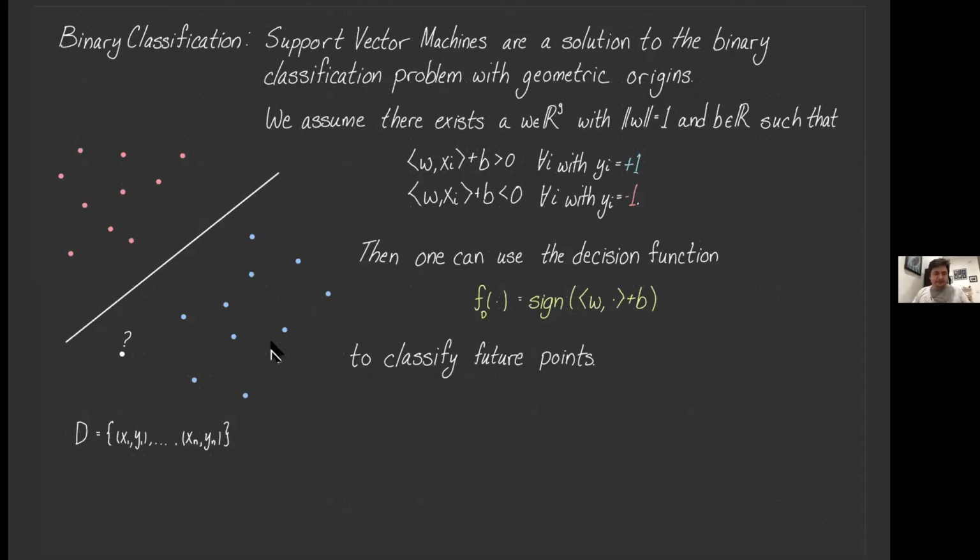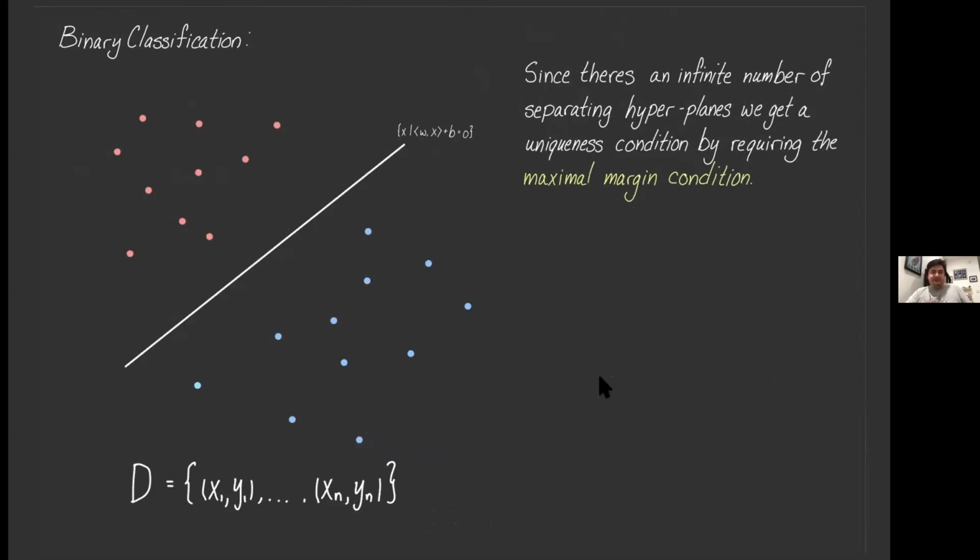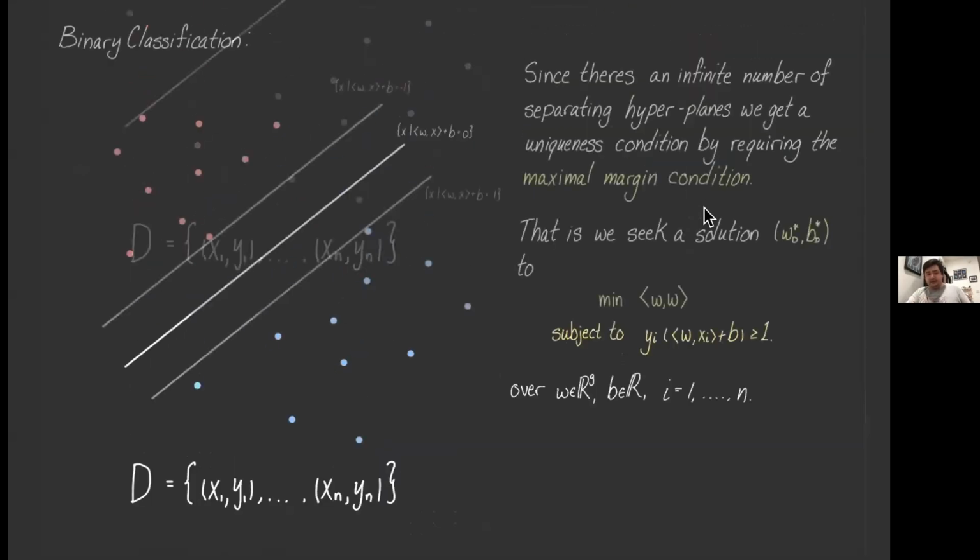But there really should be a bunch of lines that cut these two data sets in half, and so there's going to be an infinite number of separating hyperplanes. To assure that we have a uniqueness condition for the separating hyperplane, we require what's called the maximum margin condition. So we're going to seek a solution that puts the most space on either side of our hyperplane to the nearest point in our training data.